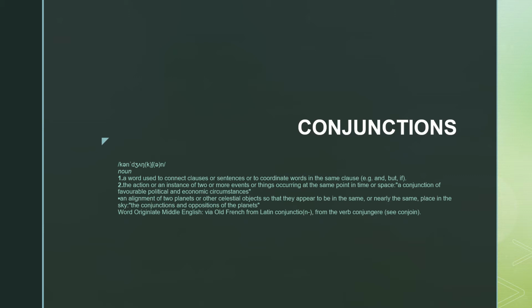It is that part of speech which connects clauses or sentences to coordinate words in the same clause. It is basically a joining, a link between two words, two sentences, or more than two words and more than two sentences.